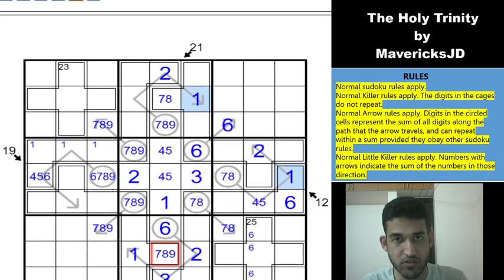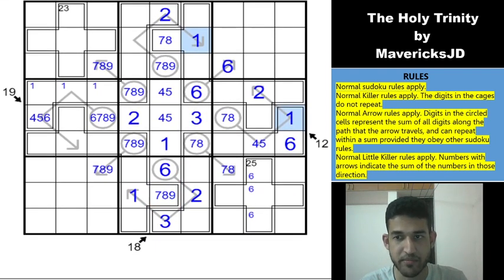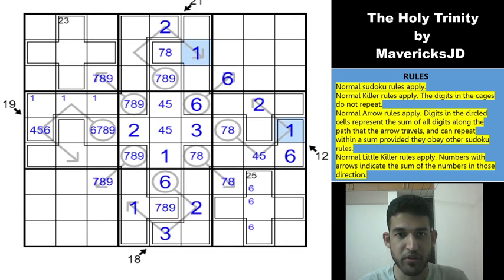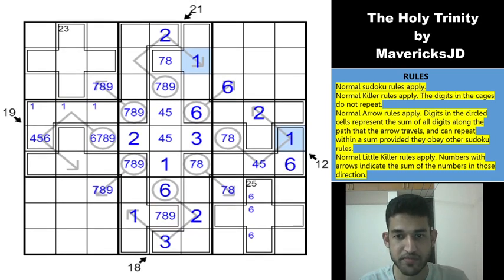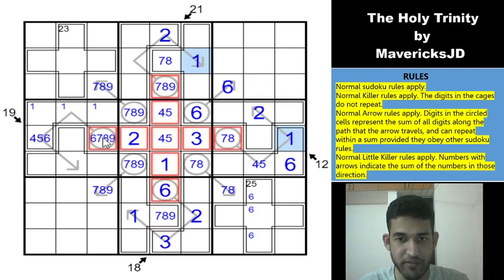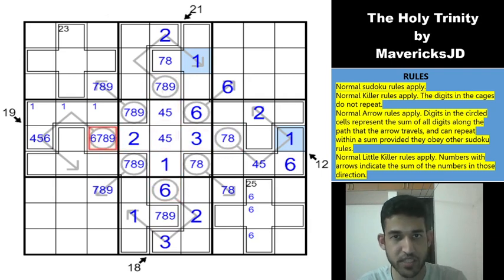Can I change it to solution mode, guys? Let me go to solution mode, yeah. So I wasn't able to remove the corner pencil mark. So we know that all these circles, we saw earlier that this plus symbol at the middle will have digits from 1 to 9, which means that we can remove the 6 from here.